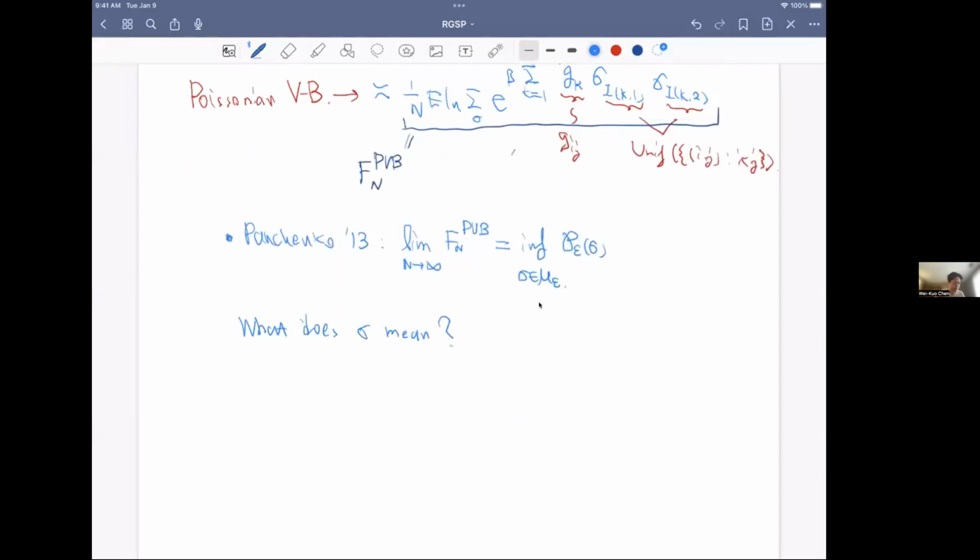Let's say right now you sample a sequence of spin configurations independently: sigma^1, sigma^2, sigma^3, and so on, i.i.d. from the same Gibbs measure associated to the PVB model, the Poissonian Viana-Bray model.